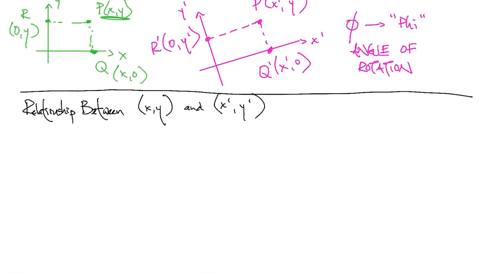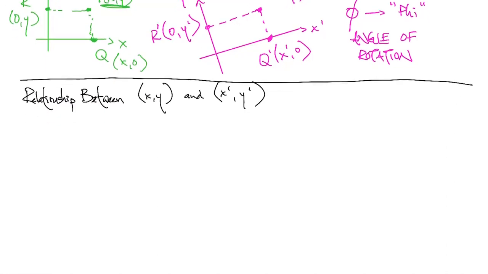There are two sets of equations. One set will tell you how to find x prime and y prime, and the other one will tell you how to find x and y. I'm going to write down both of those, but then we'll talk about where they come from and which ones we're going to be using.